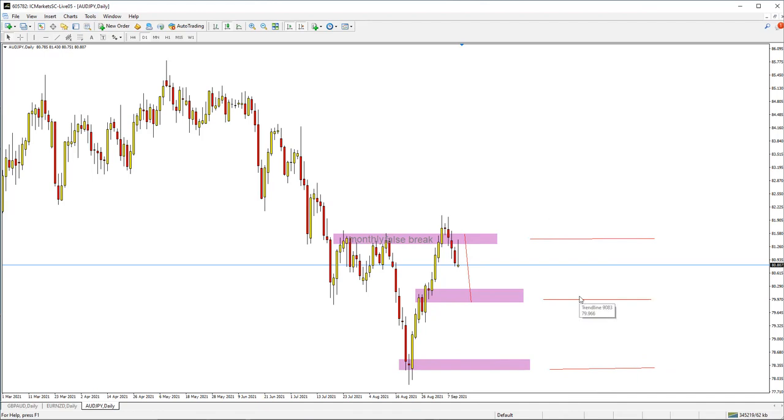I want to ask you, where are the sellers? Not here, but here, right? What is this area? Buyers, right? And what is this area? Buyers, right? Correct.